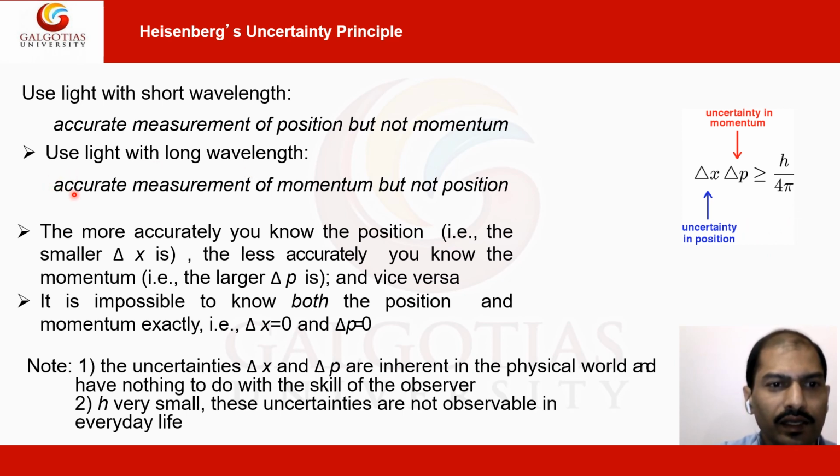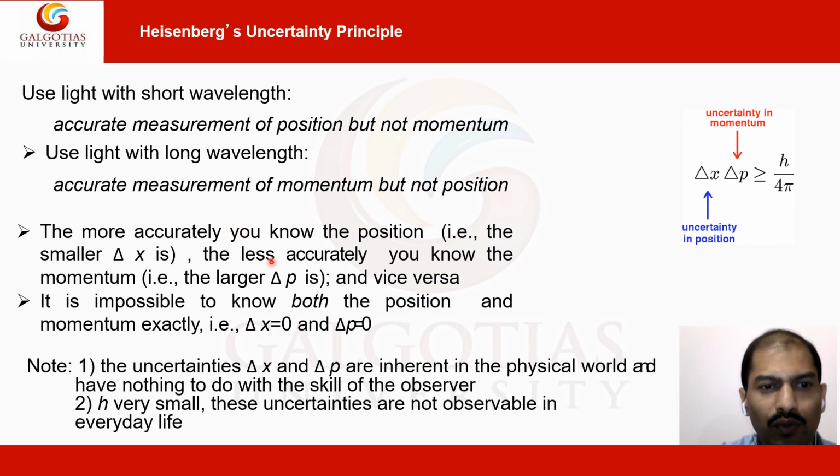In another condition, use light with long wavelength. With short wavelength light you can measure position accurately but not momentum, but at a longer wavelength you can find accurate measurement of momentum but not the position.